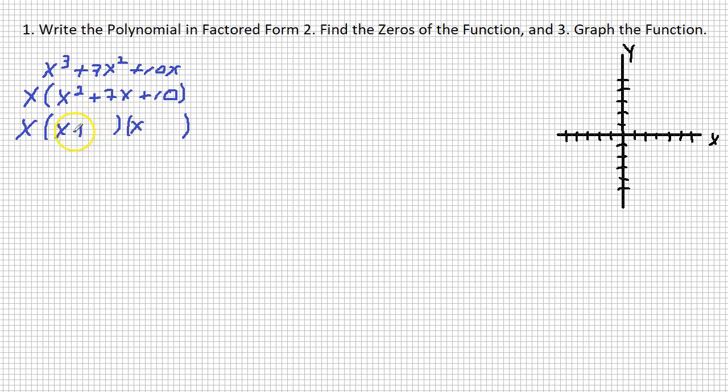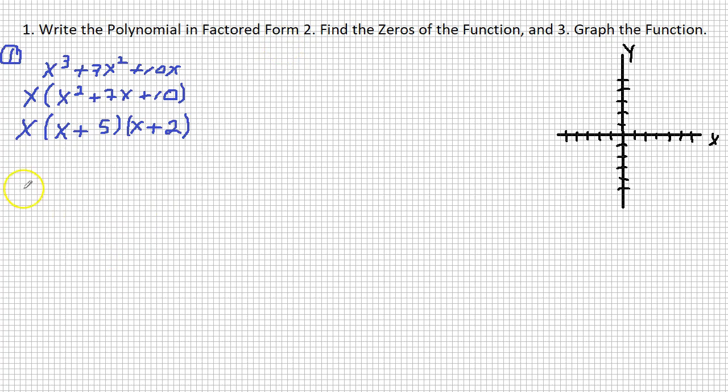Well, they have to multiply to give you a positive, so they have to have the same sign. They add to give you a positive, so they're both plus. How about 5 and 2? Because 5 times 2 makes 10, and 5 plus 2 makes 7. So what we've just done takes care of step number 1. Write the polynomial in factored form.